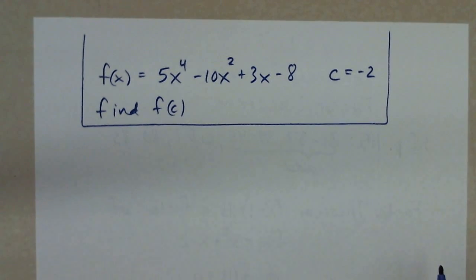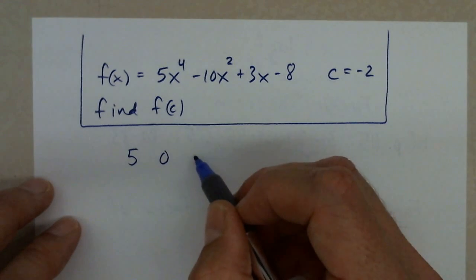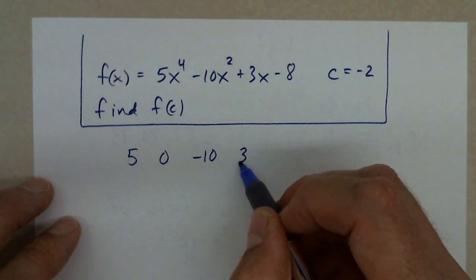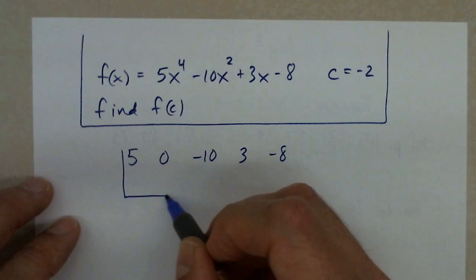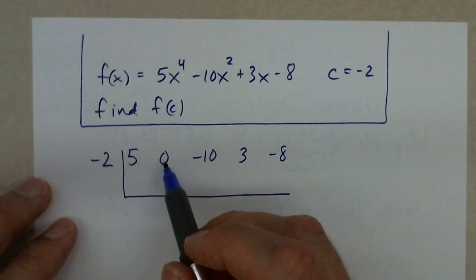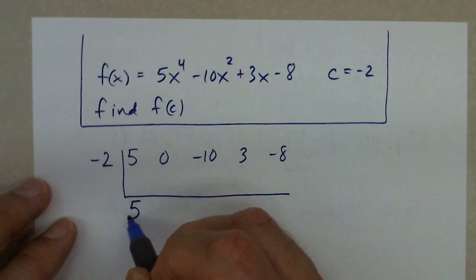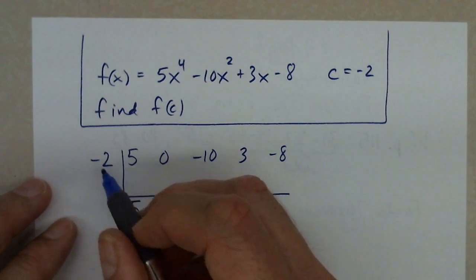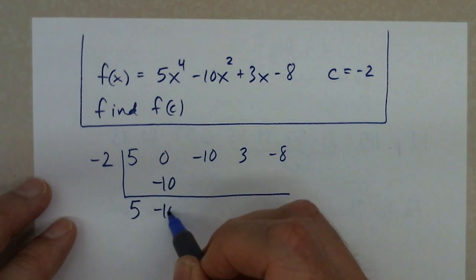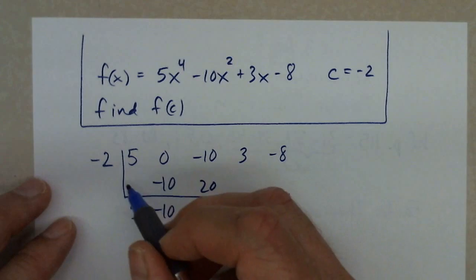Pause the video and try that one. So we need to put the 0 in because it's missing the cubic term. Add, multiply, add, multiply, add, multiply.